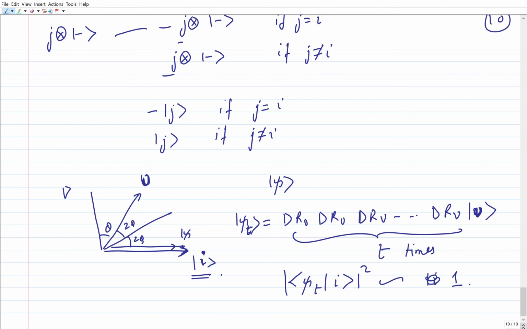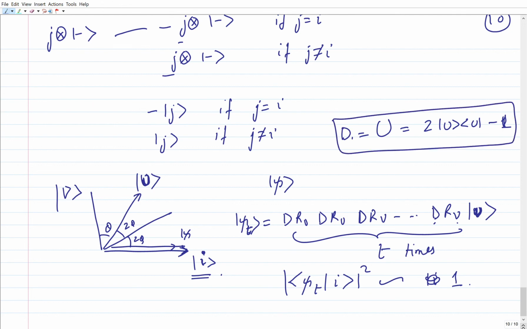So, alternating between reflection about V and reflection about U, which was my diffusion operator, which I'm also calling D. I'm using it interchangeably over here; these are the same things.